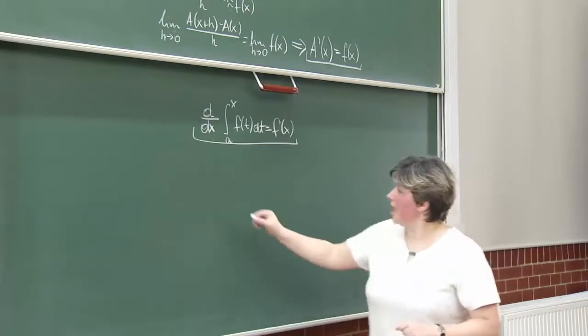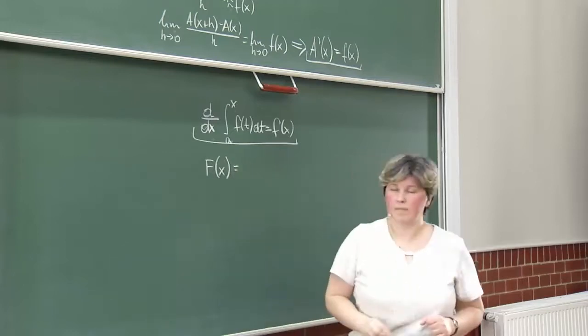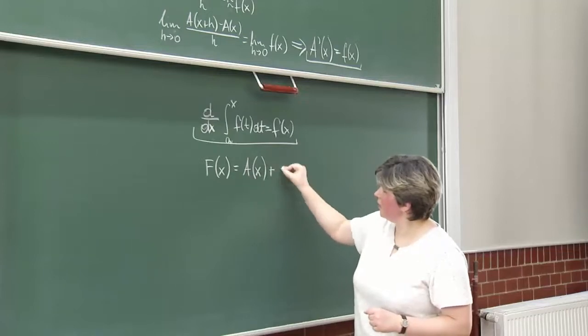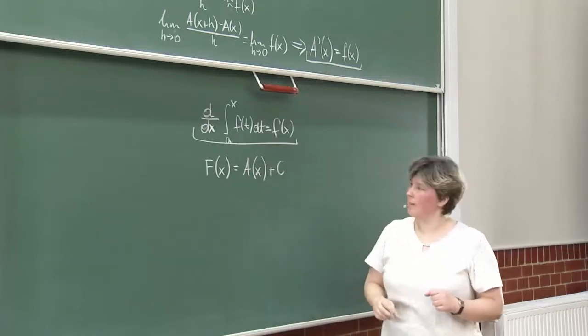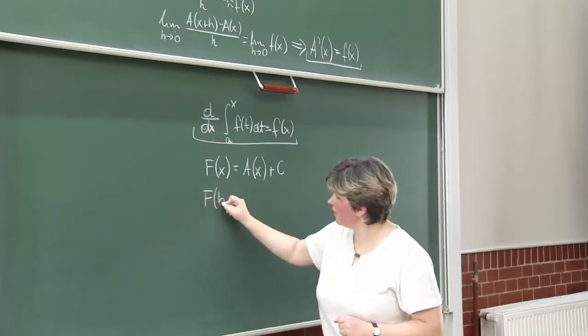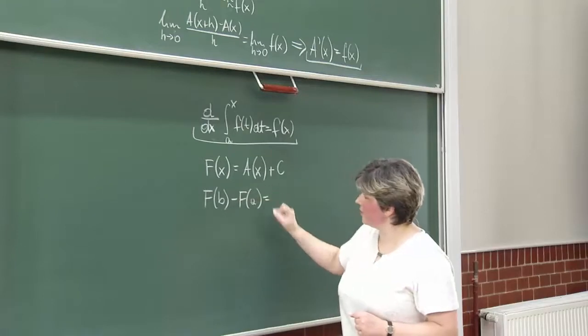So if we take any other antiderivative of function f, the difference between capital F and A will be a constant c. Okay, so let's evaluate the value of that function at b minus the value of that function at a.